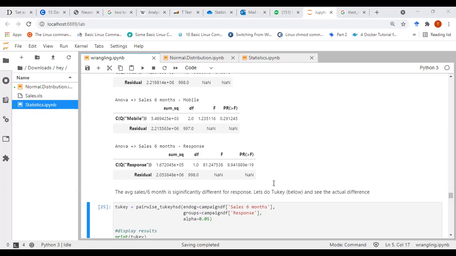In business terms, it is good to know that the people who are logging in more, whether on a monthly or 6 monthly basis, or people who are generating more sales, whether on a monthly or 6 monthly basis, are the people who are going to give you a yes response. Now we are extremely confident of this.